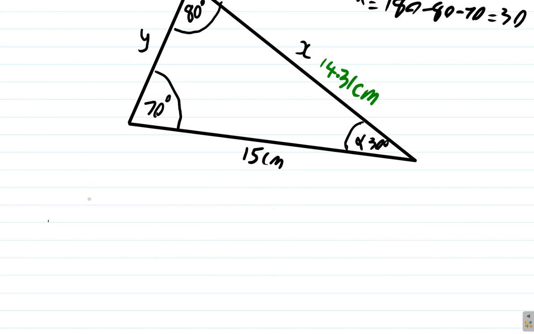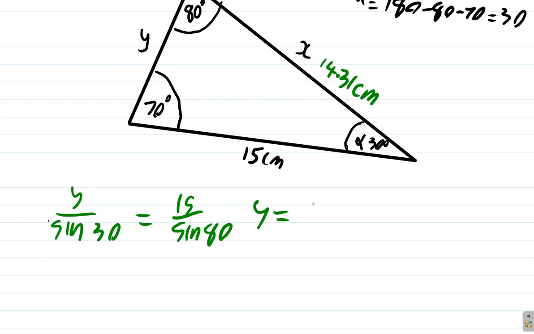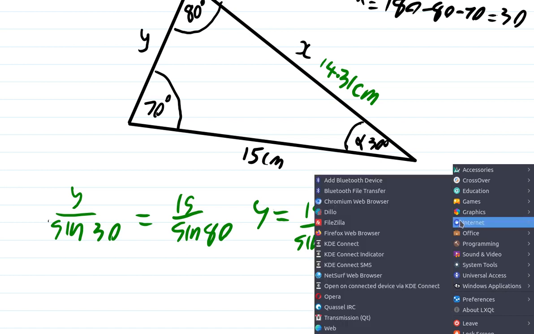So, sine rule again. Alright? So, y over the sine of 30 equals 15 over the sine of 80. So y would be equal to 15 over sine 80 times sine 30. What does that give us?